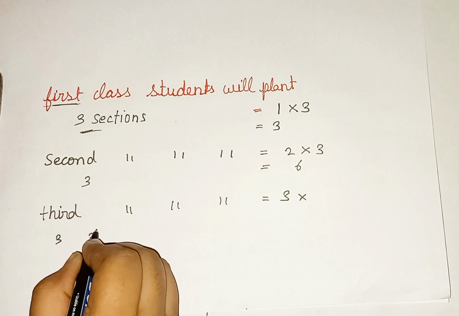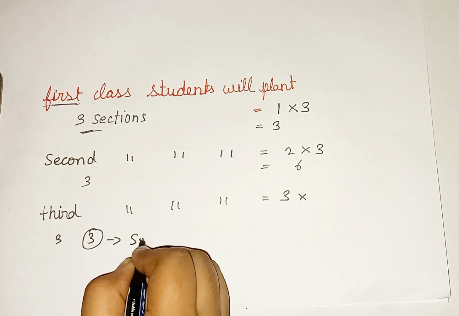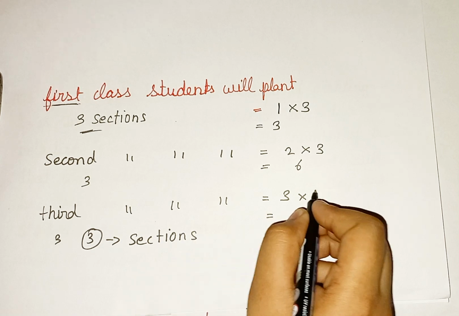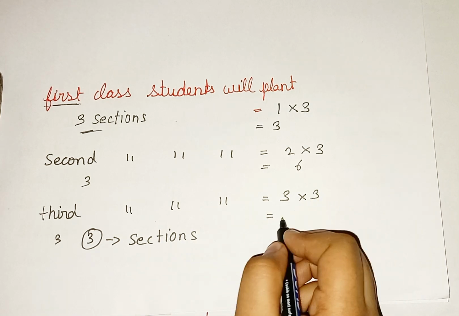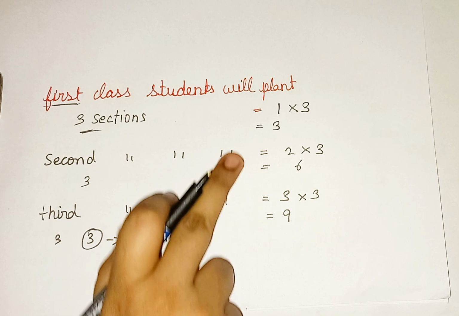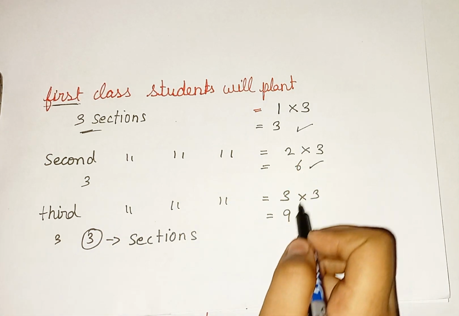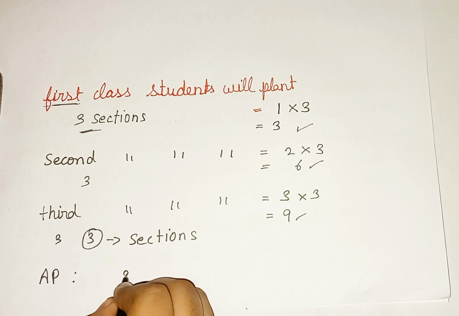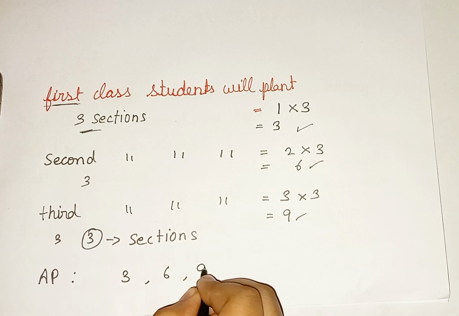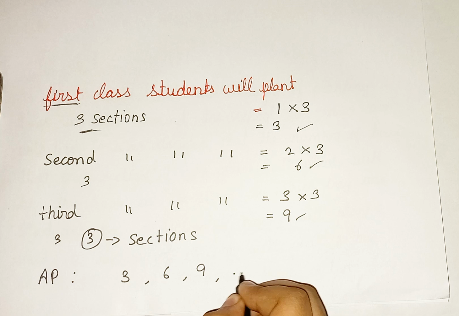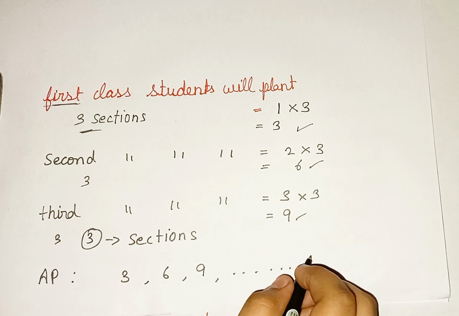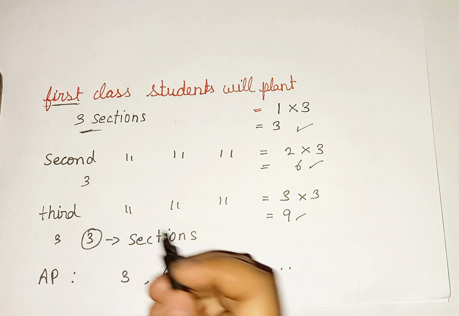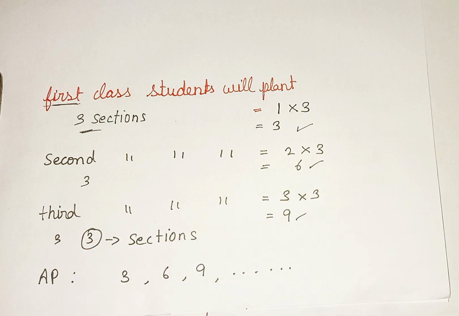There are 3 sections. Why? Because they mentioned in all the classes there are 3 sections. So 3 into 3 is 9, okay? So now you can see we have 3, 6, 9. So we can now form an AP, that is 3, 6, 9, and so on, okay? And then what about 12?